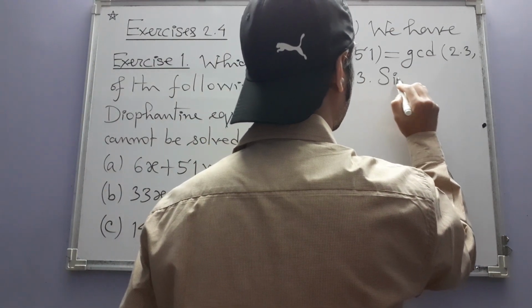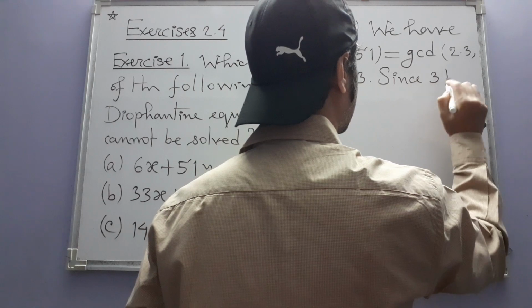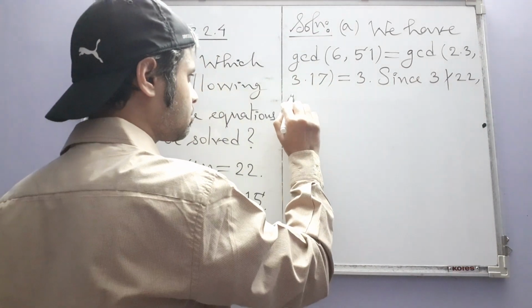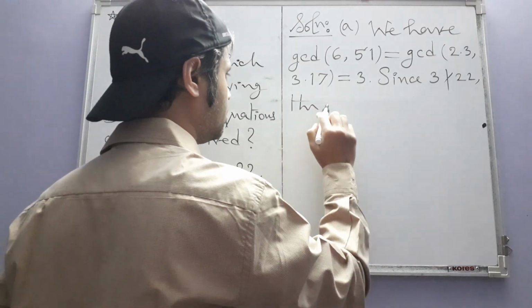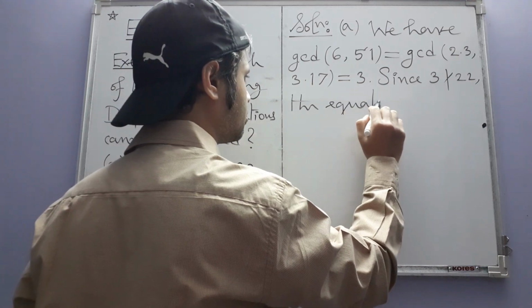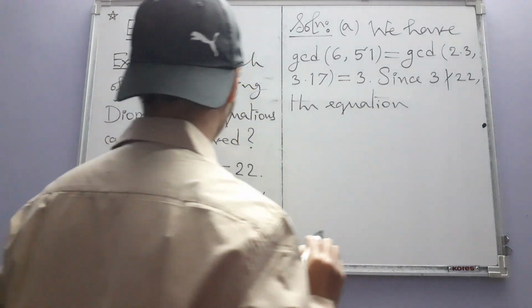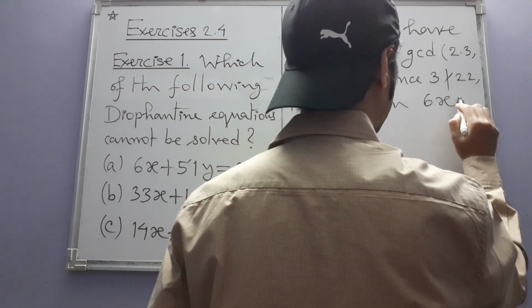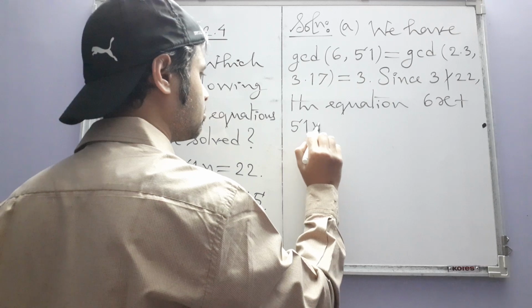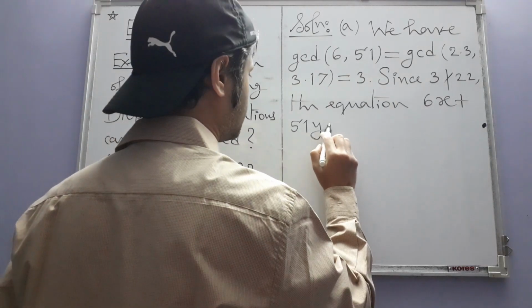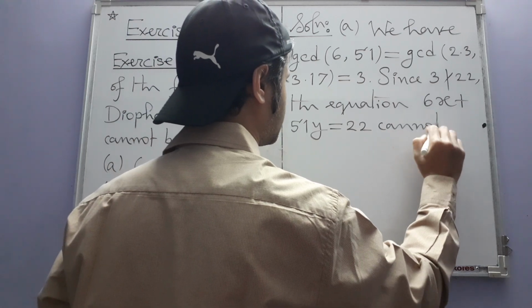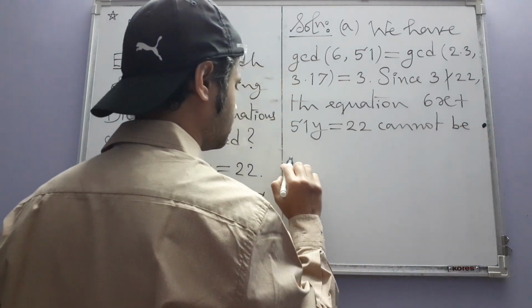Since 3 does not divide 22, the equation 6x plus 51y equal to 22 cannot be solved.